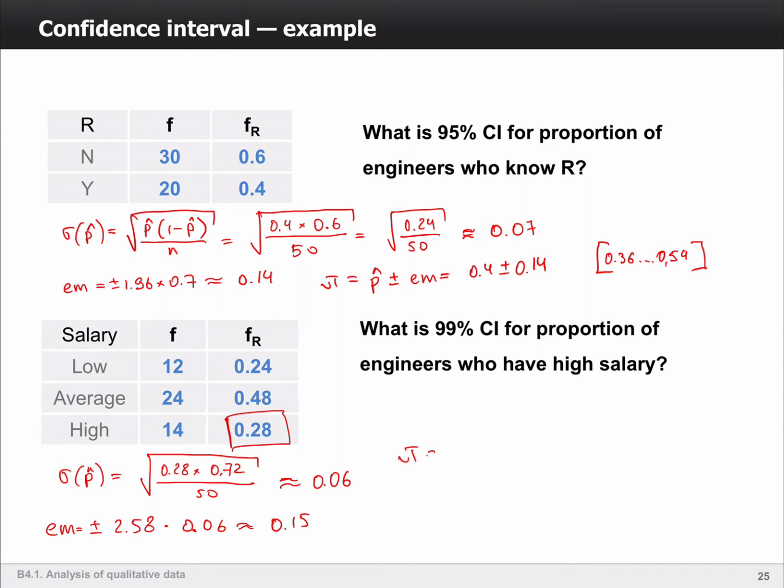So pi will be equal to our proportion plus minus the error margin, which gives us 0.28 plus minus 0.15, which gives us the confidence interval of, if we take the minus, 0.13, and 0.43. So that's the proportion of engineers in the population that have a high salary. So it's between 13 and 43%.